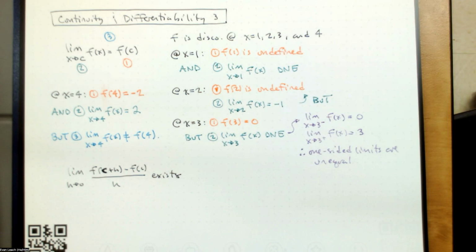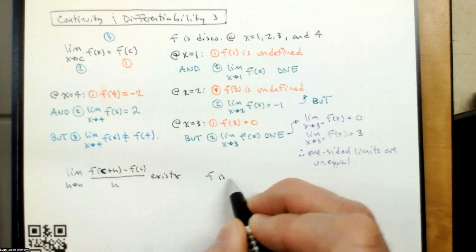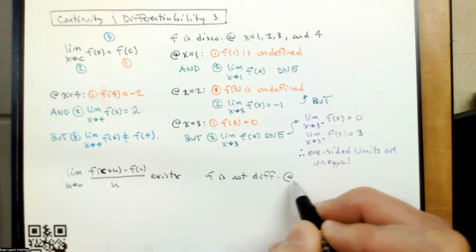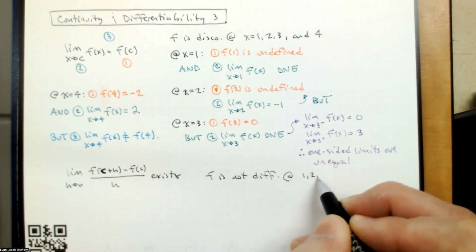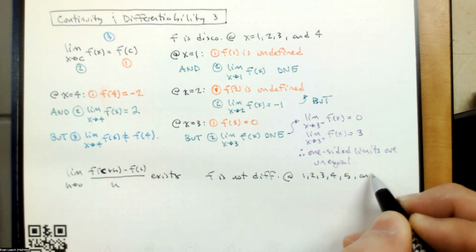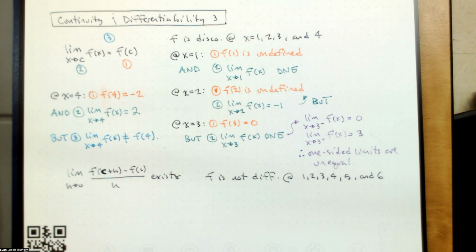The first 4 points we get for free, because we have stated that the function is discontinuous at 1, 2, 3, and 4. So we would say that f is not differentiable at 1, 2, 3, 4, 5, and 6. 1, 2, 3, and 4 we get because the function is discontinuous at 1, 2, 3, and 4.